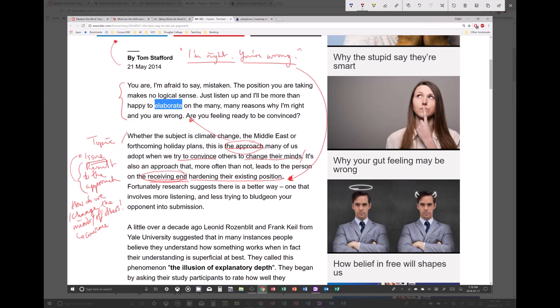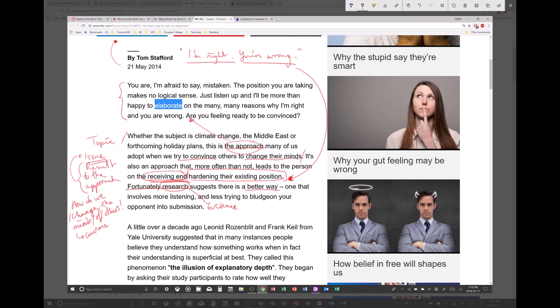And so here it says the research that they're going to point out, and here's the evidence that they're going to use to support whatever reasons that they have or ways that they can do this, a better way that does not result in the listener not changing their mind.